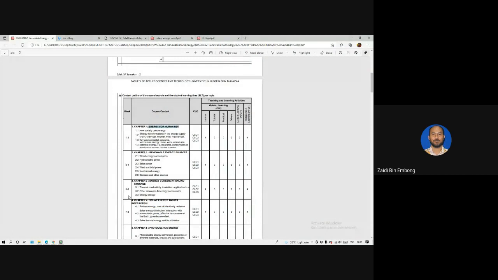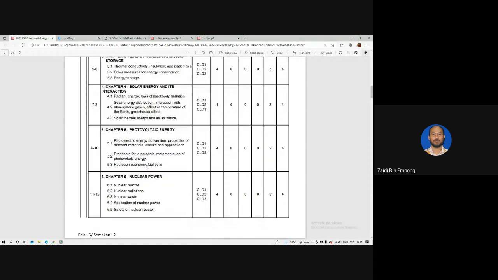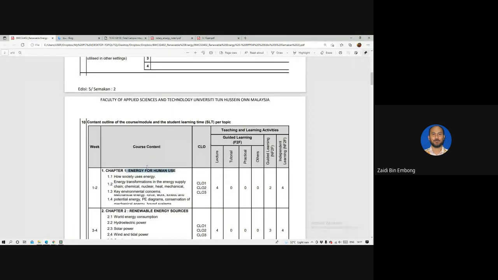Right, so looking at this, we focus on the first chapter, which focuses on energy for human use. We start with this one, and later we proceed to chapter 2 and the rest. In this subject, we focus on two kinds of energy, known as non-renewable and renewable energy.